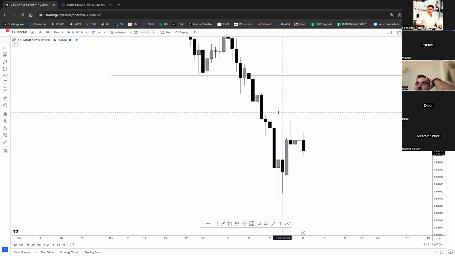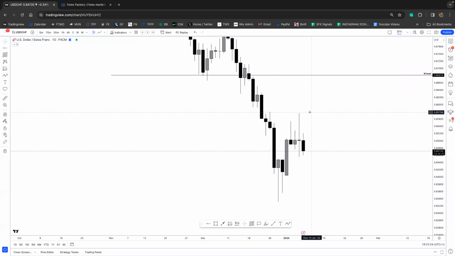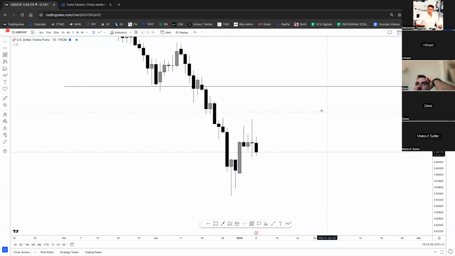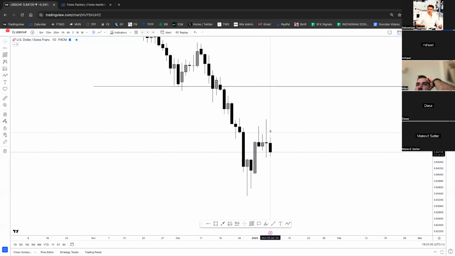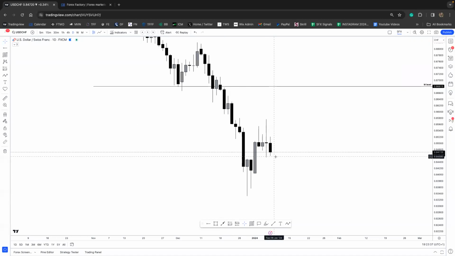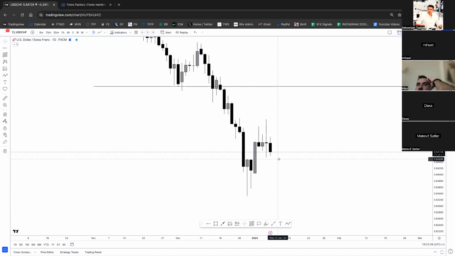We have equal, not equal, but we have two possibly equal highs to the top that can result as a liquidity and driving force for price to actually go to the highs and monthly level. But on the daily currently we are bearish, so we can expect some more movement to the downside before price is even going to turn around, right?